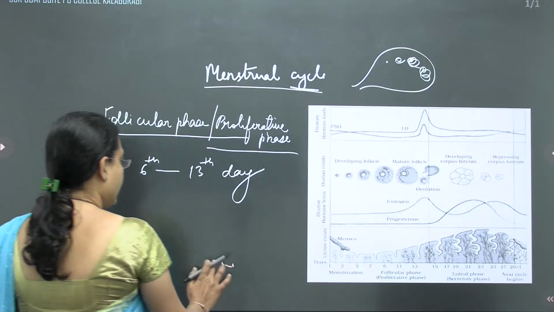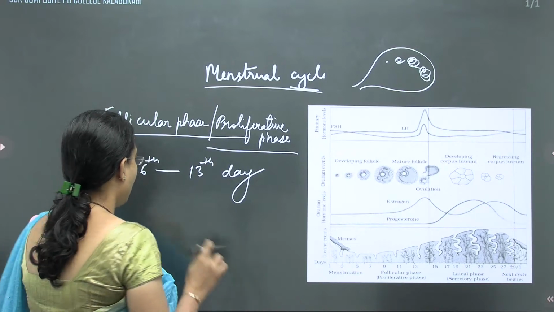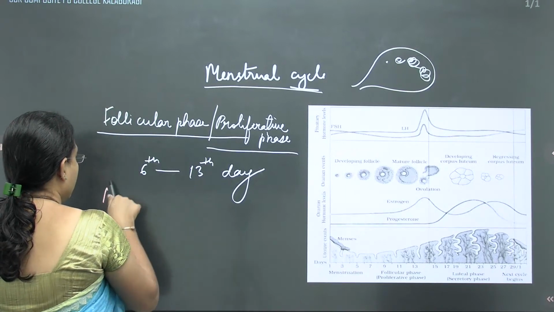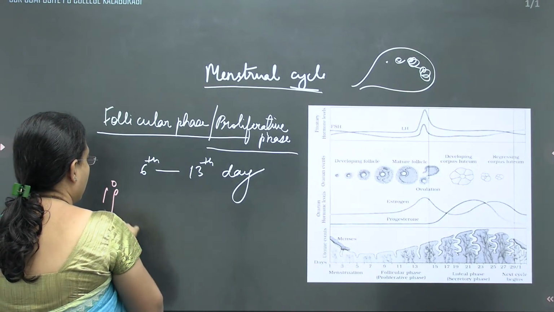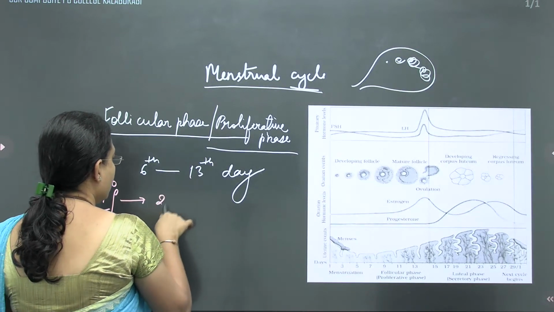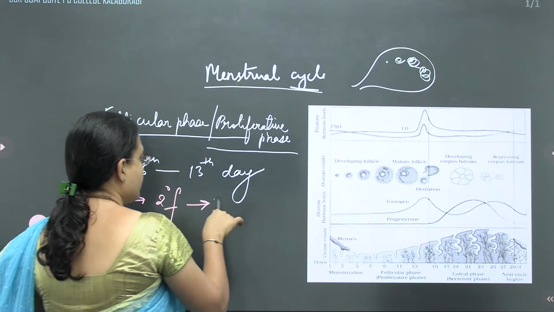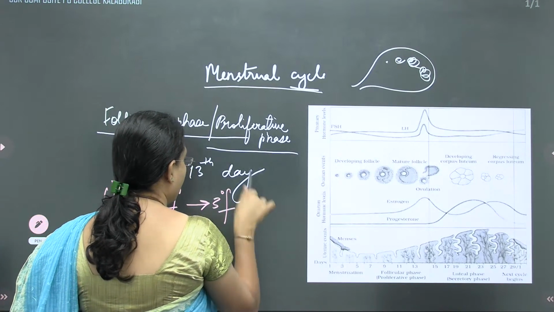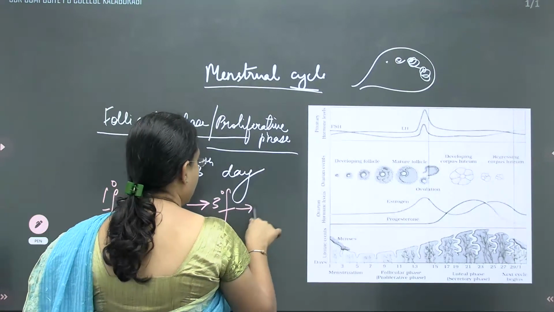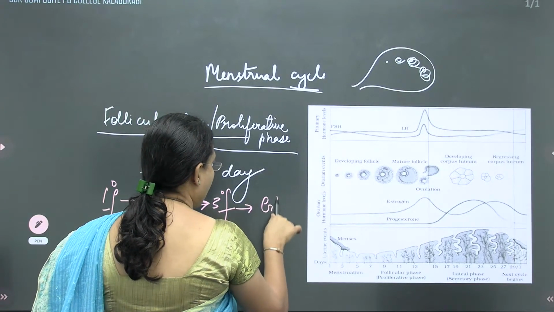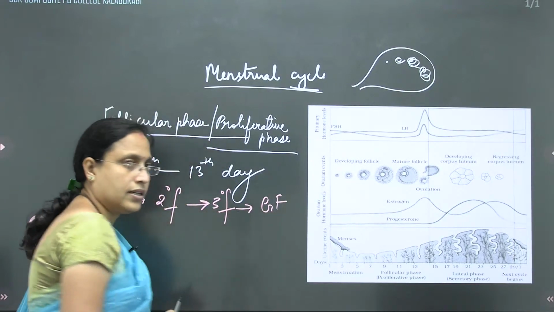Now, what are those follicles? Primary follicle develops into secondary follicle, develops into tertiary follicle, and develops ultimately into Graafian follicle.